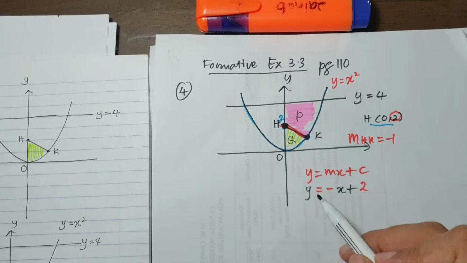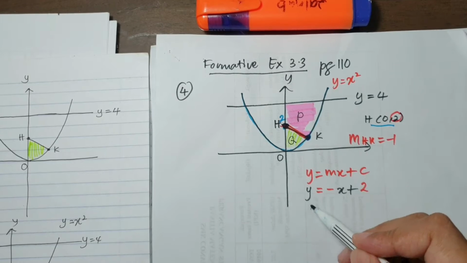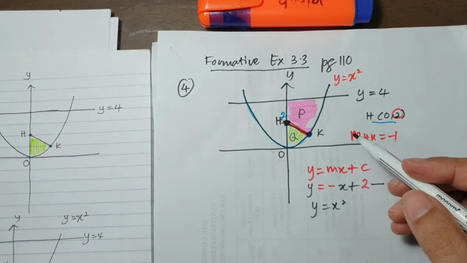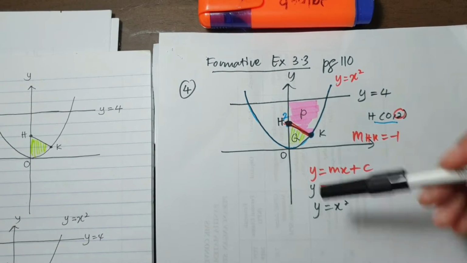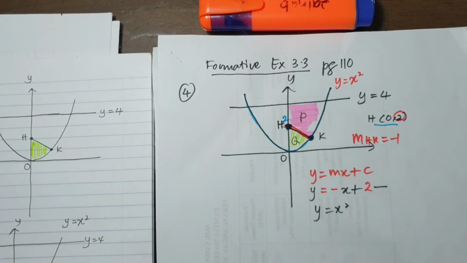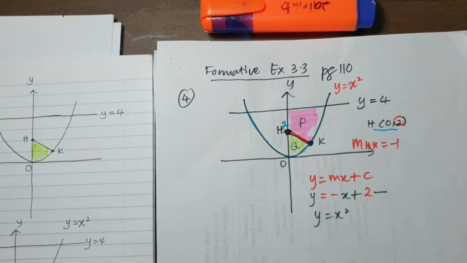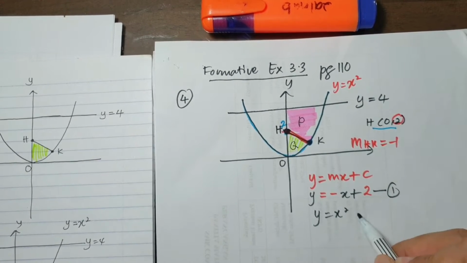Now solve these two equations, the equation of the curve and the equation of the straight line, because if you extend this line, K is the point of intersection between the curve and the straight line.